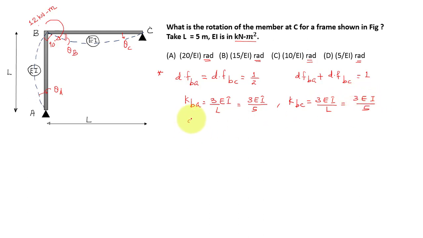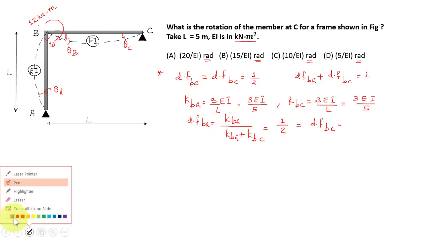Now the distribution factor for BA is equal to KBA divided by KBA plus KBC. Both are equal, so you will get 1 by 2. The same is true for the distribution factor for BC, so the distribution factor for BA and BC is equal to 1 by 2.